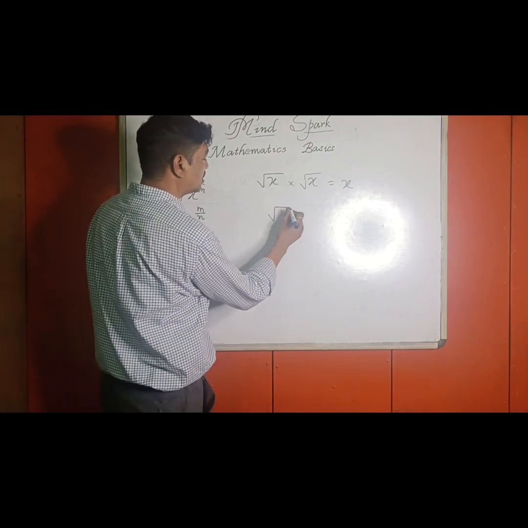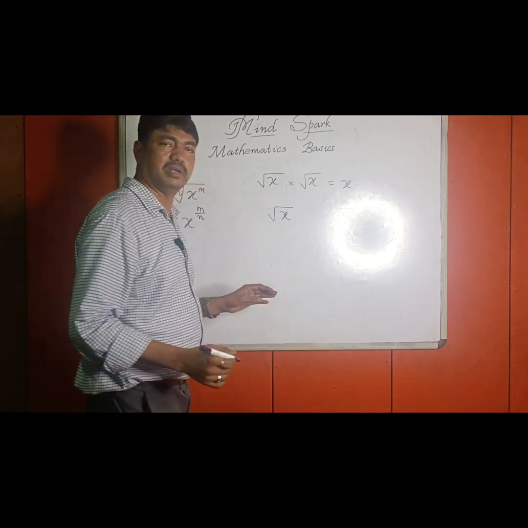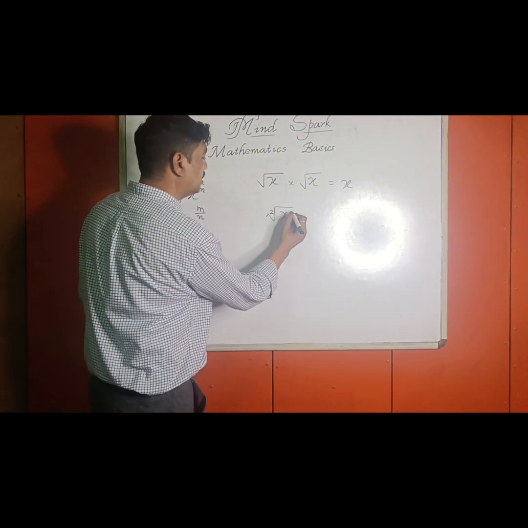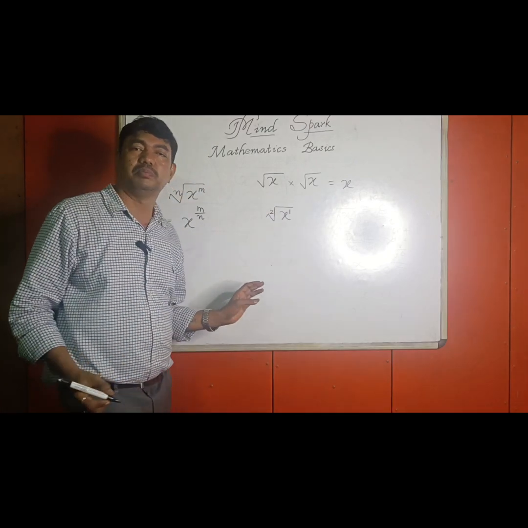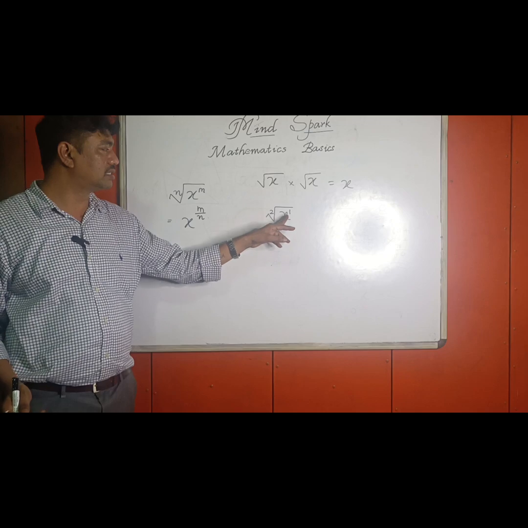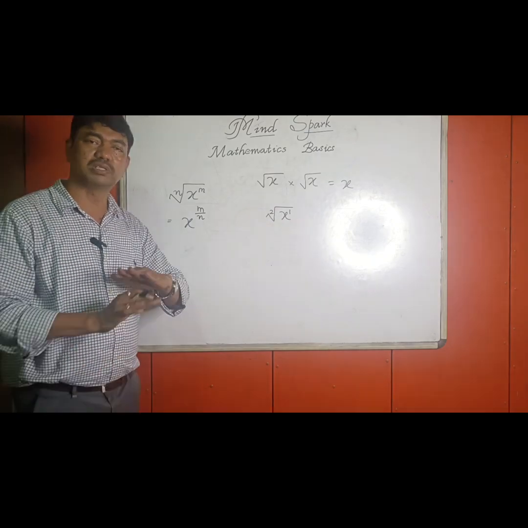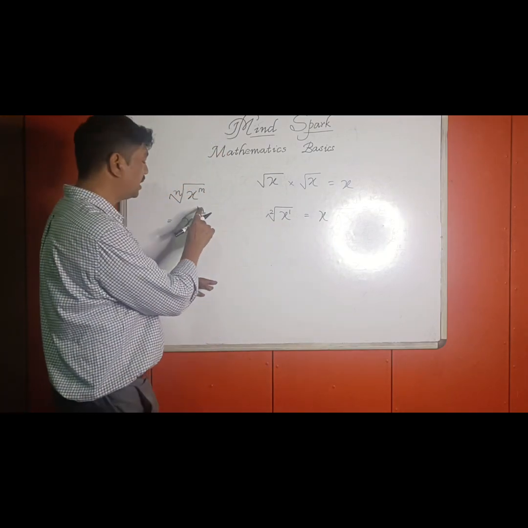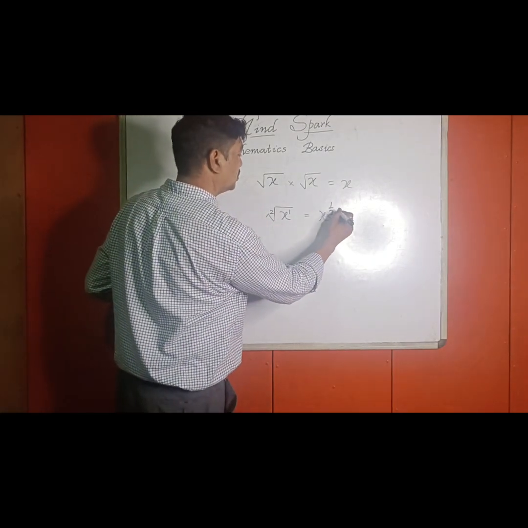This root of x is nothing but, if nothing is given, it's understood that 2 is there. The order is 2 and the power is 1. So square root of x is understood, even if it's not written. Then according to this formula, m by n, that is 1 by 2.